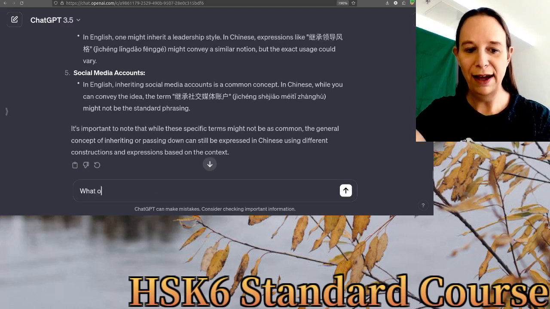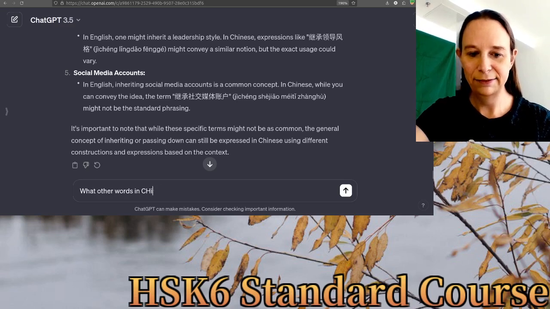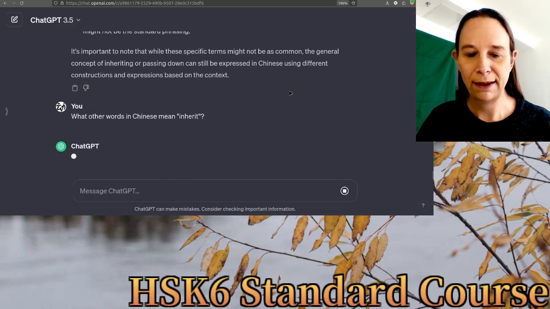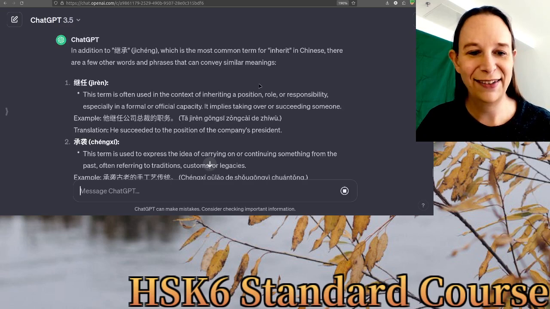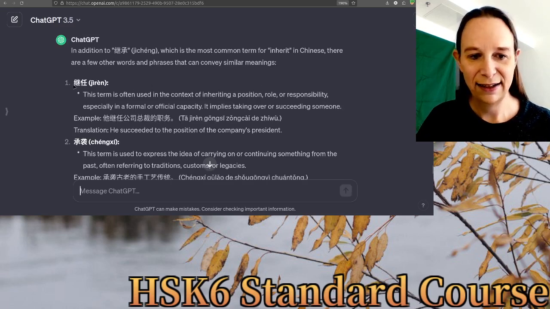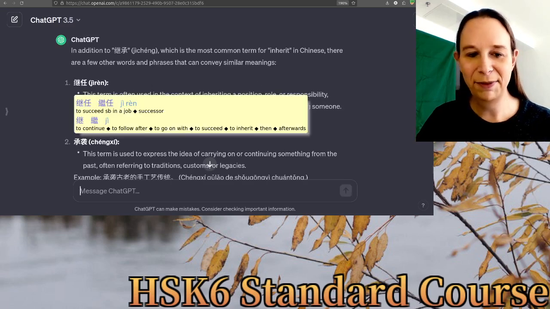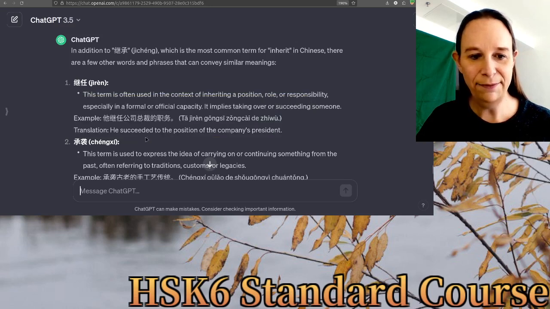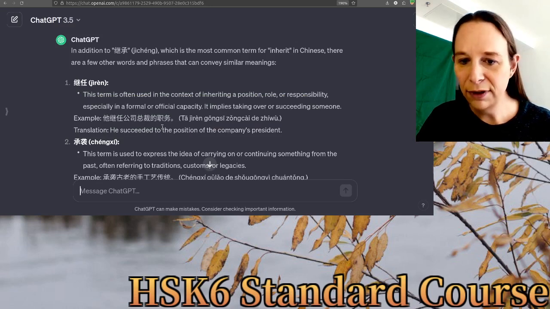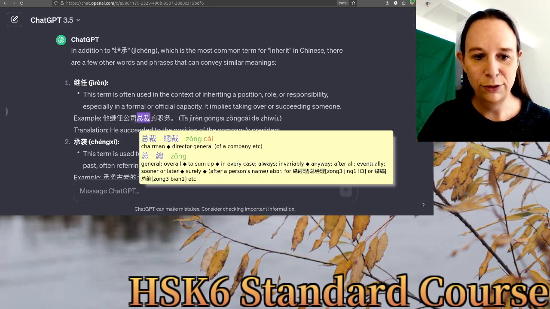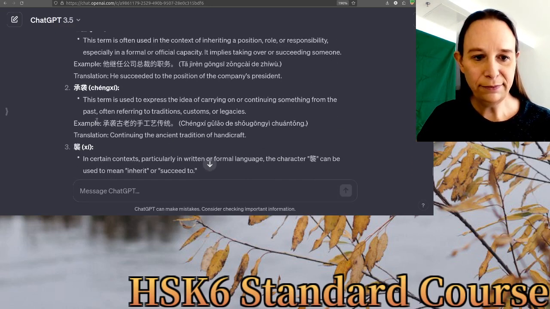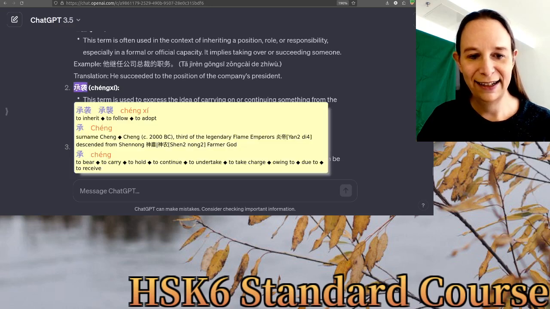What other words in Chinese mean inherit? You can inherit your boldness from your father or something like that, right? 继任. 继任 is to continue the responsibility, to succeed. 他继任公司总裁的职务. 承袭.